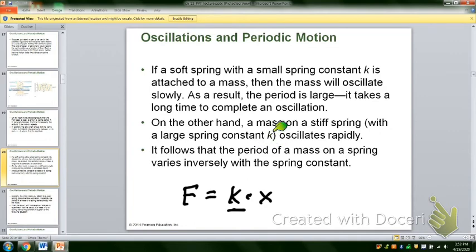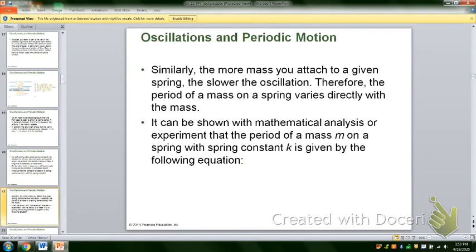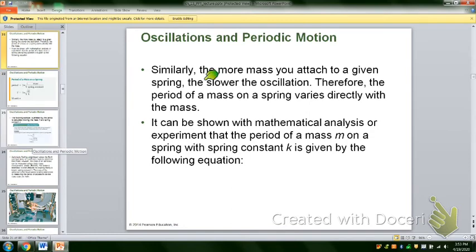So once again, as K gets big, the period will become smaller. And also, the amount of mass you attach to the spring makes a difference. If you attach a large amount of mass, then that will also slow down the oscillations and increase the period.